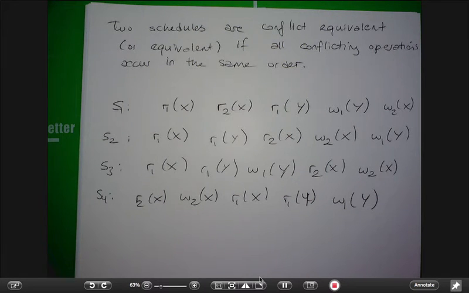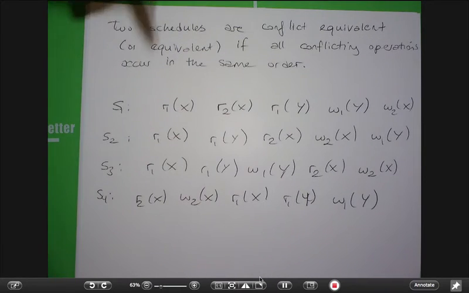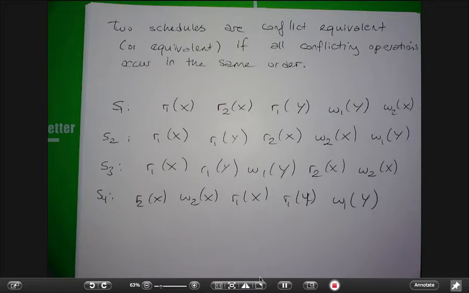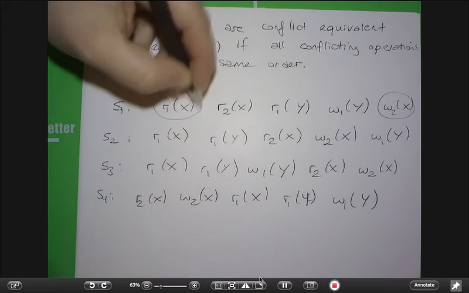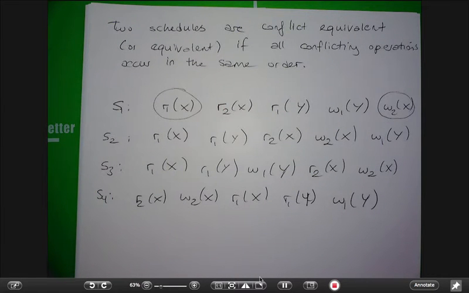So I'm trying to figure out if these are conflict equivalent, right? So in this case, for example, let's look at S1. In S1, the only real conflict is W2 of x and R1 of x. Two reads on the same thing is not a conflict. You can do them in any order. But the R1 of x in S1 comes before W2 of x, right?